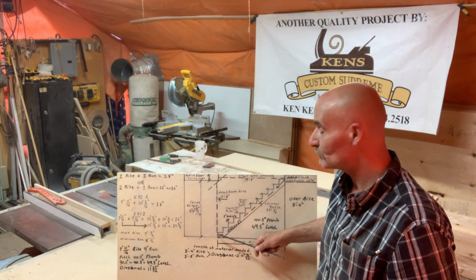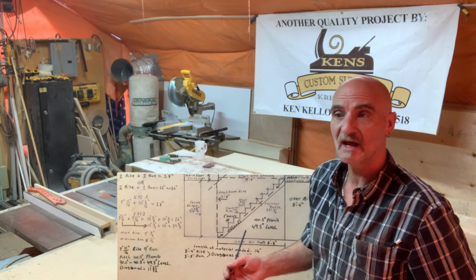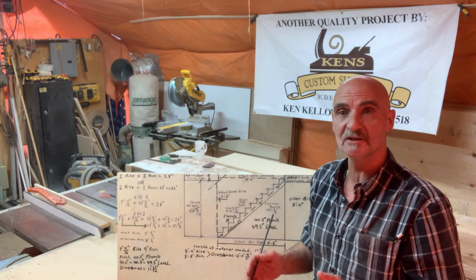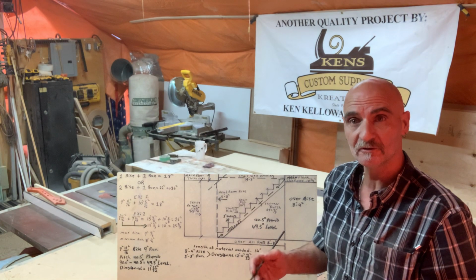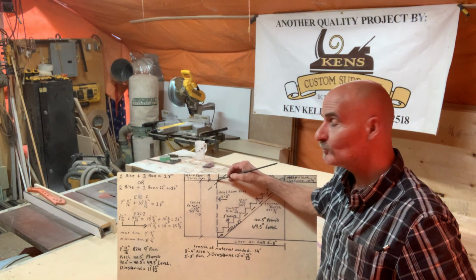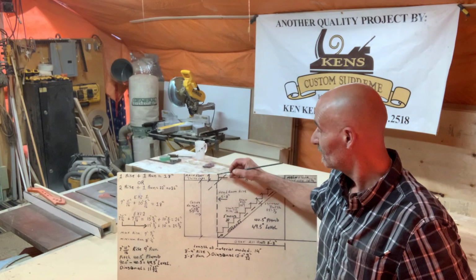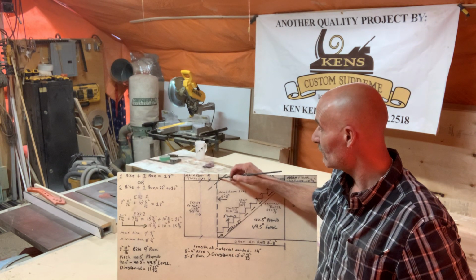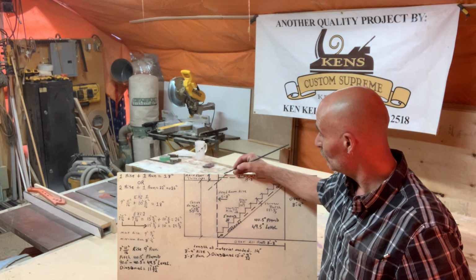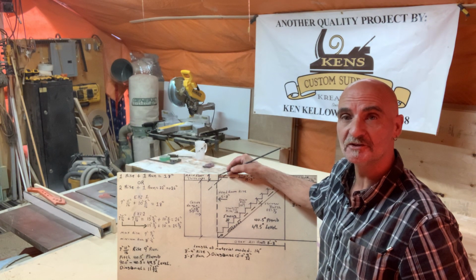The tread will be 9.5 inches, 9.25 inches, and I don't like building them that small because that's uncomfortable to stand on. Because of the way his house was built, I'm lucky enough that they never built it correctly. I can actually cut this way and go back. I can move it back to give me the headroom that I want for the size of tread that I need to use.